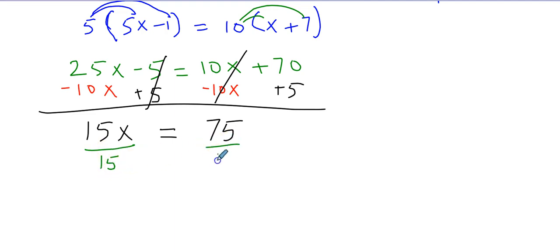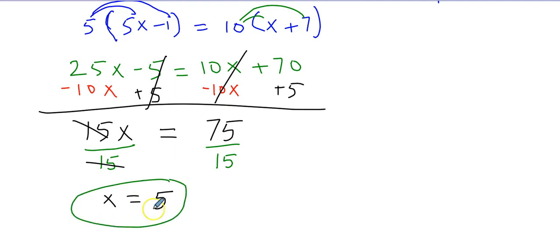Divide by 15 on the left hand side and also on the right hand side to give us 15x over 15 is just x. These two cancelled out. X is equal to 75 divided by 15 is how much? It is 5. So that is your answer.